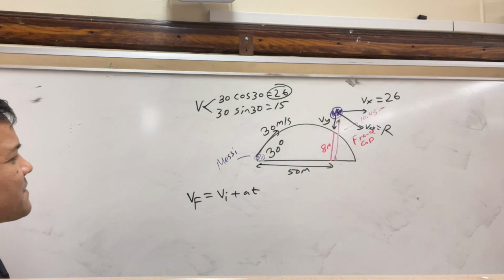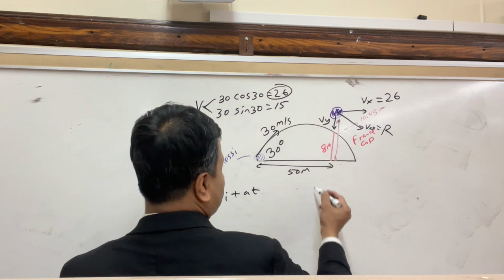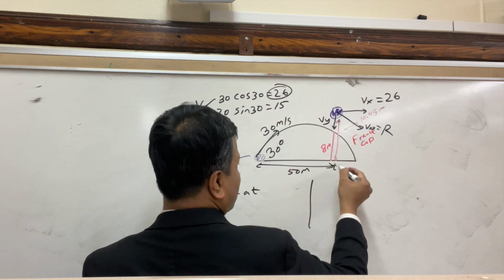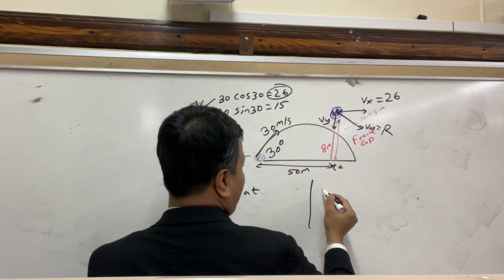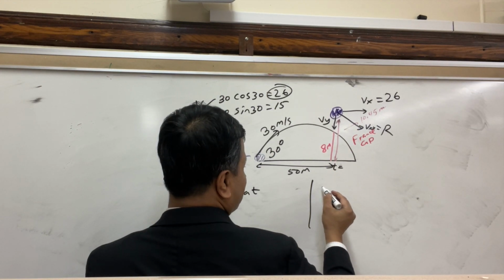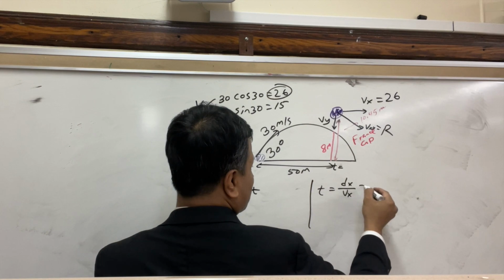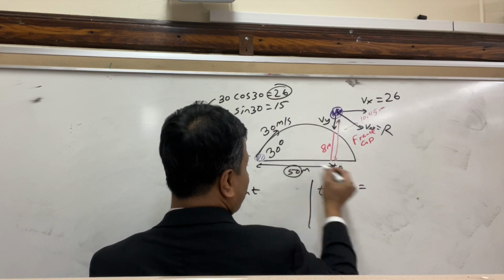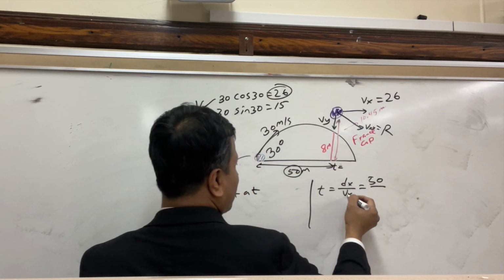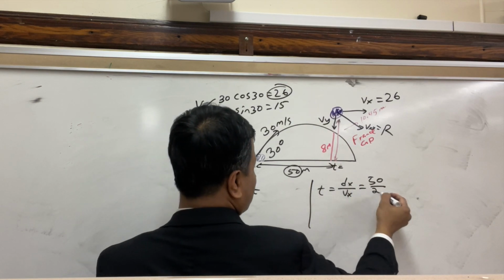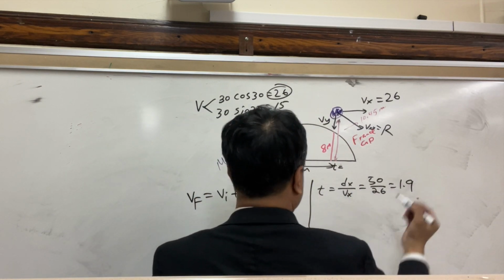So how do I know the location of this? I know the time, right? So I have to find the time right here. Time right here is how much? Well, time is equal to dx over Vx. So dx is of course 50 and Vx is of course 26, so this is 1.9.